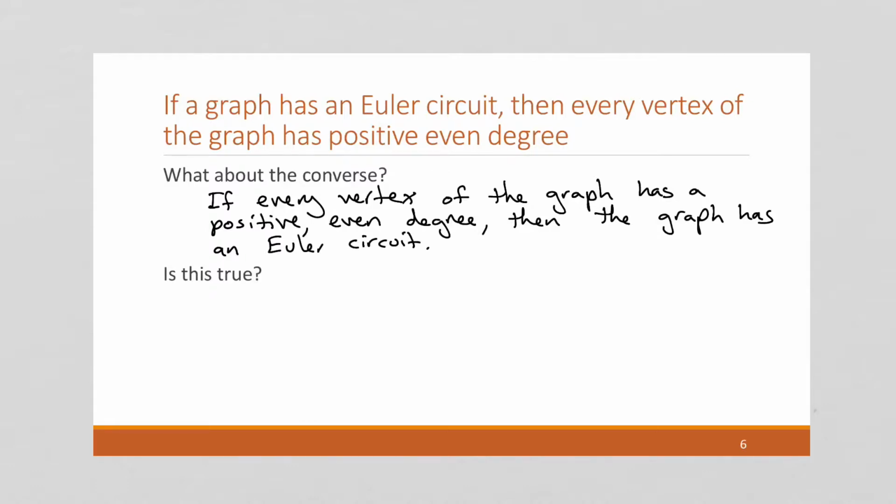Now, is that true? We know from doing our Boolean algebra that the converse is not necessarily true. So if a statement is true, the converse could be true, but it's not required to be true, right? So in this case, unless the conditional statement is a bijection, meaning it's an if and only if, in that case, it would be true. But here, this is not guaranteed to be true, and in fact, it is not true. See if you can think of an example, a counterexample to that.